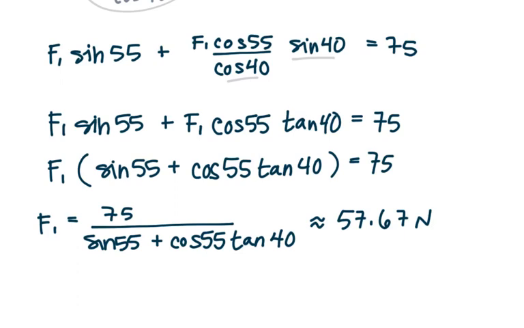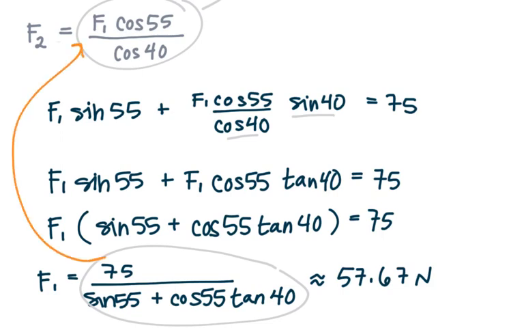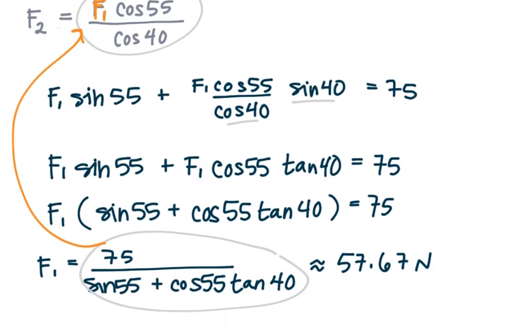with a positive pull of 57.67 newtons. Now, because I know force 1, I have this exact value for force 1, I can take it and plug it in right up here to force 1, and that would give me force 2. So I'm going to take this, multiply it by 55, distribute a cosine 40 through the denominator.